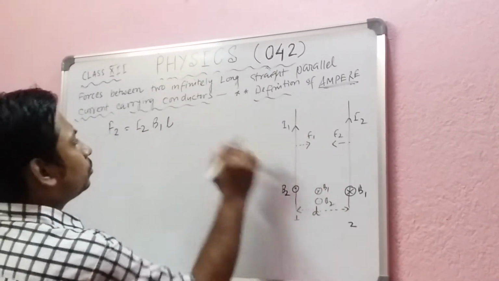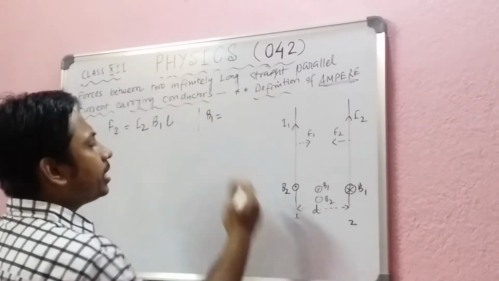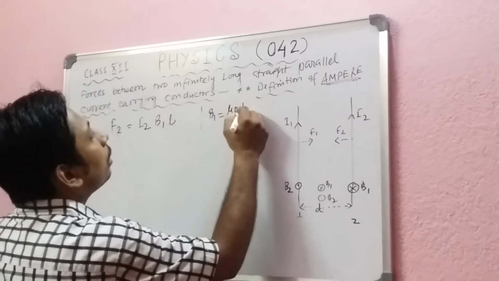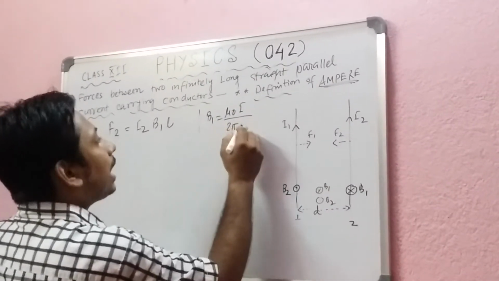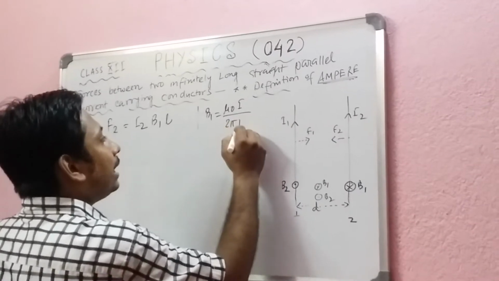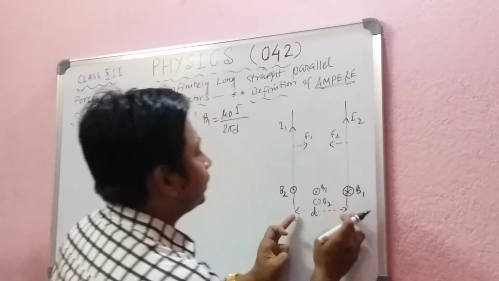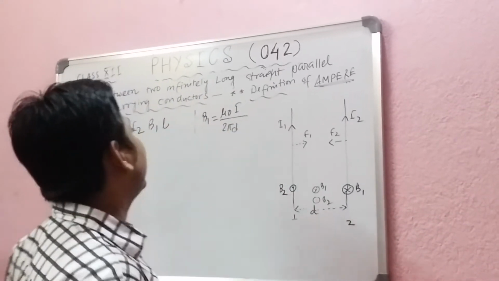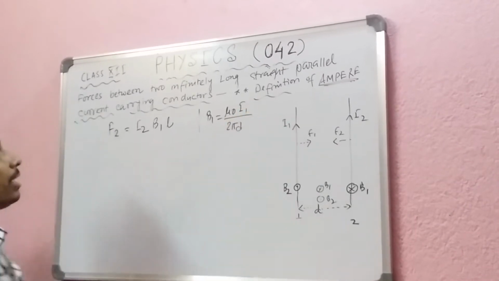See, for this wire B1 equal to how much? We know for an infinitely long wire, mu 0 I by 2 pi r. Here the distance is d, so mu 0 I by 2 pi d. Here the current is I1, so I1.